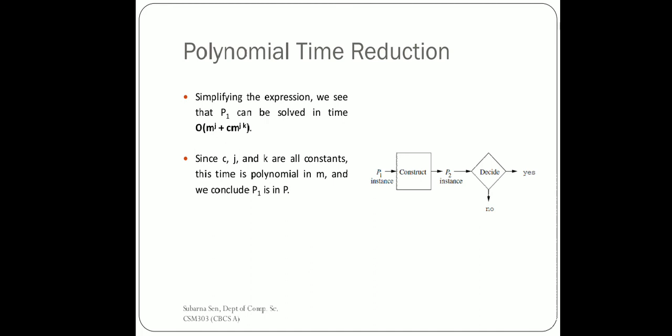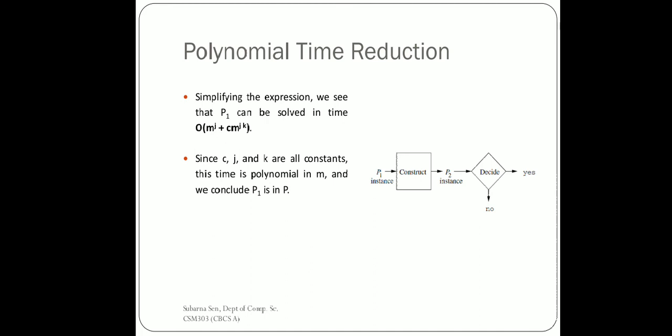If we simplify the equation, it would be order of c m to the power jk, and since c, j and k are all constants, we can see that it can be done in polynomial amount of time. P2 executes in order of n to the power k, so it consumes polynomial time.